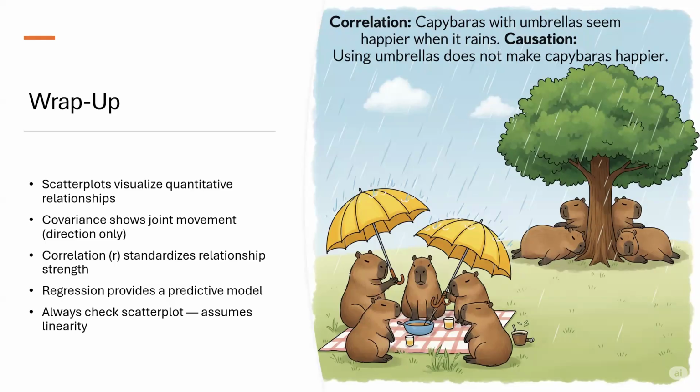The slope and y-intercept come from R and the means and standard deviations. These tools are foundational for deeper data analysis, and they're incredibly useful in real life, predicting success, comparing behaviors, forecasting trends, and more. And remember, correlation does not imply causation, as our happy little AI capybara friends will tell you.